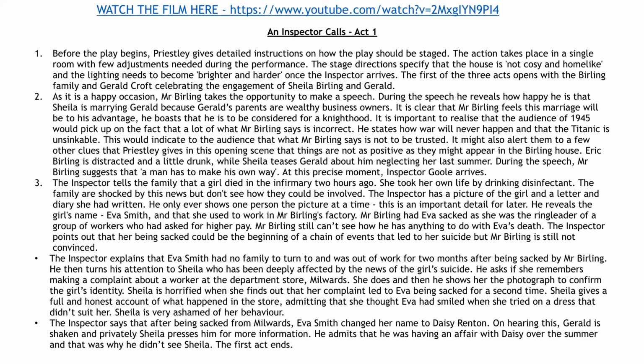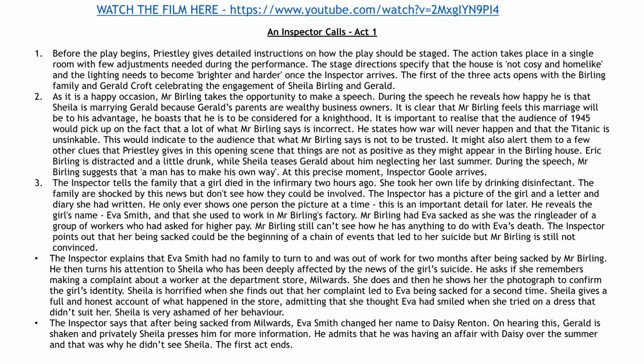He reveals the girl's name, and then he shows Mr. Birling the photo first, because Mr. Birling is the first person he interrogates. He then moves on to Sheila, after he mentions Millwards, and then Sheila obviously realises that they shopped there.